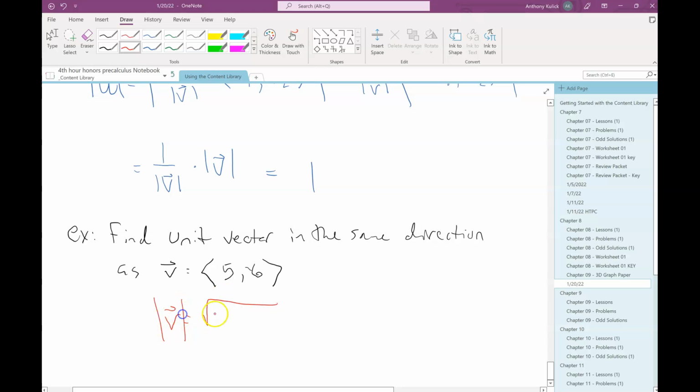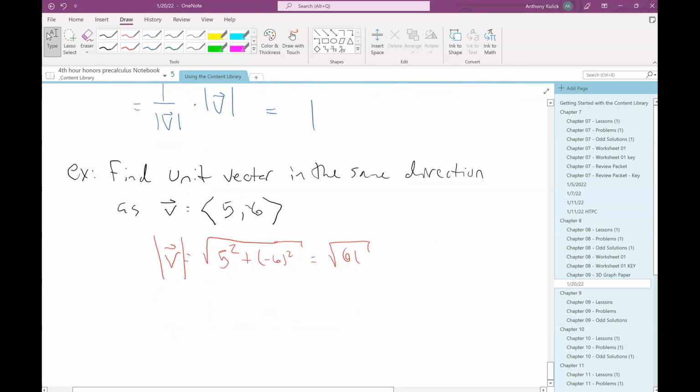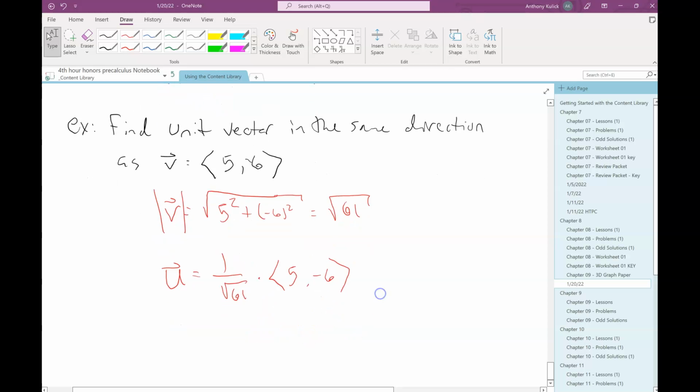Start by finding the magnitude of v. 25 plus 36 is square root of 61. So my unit vector is 1 over the square root of 61 times 5, -6.